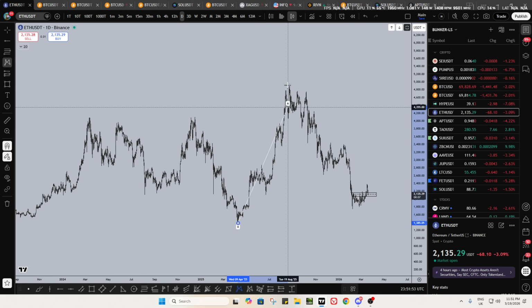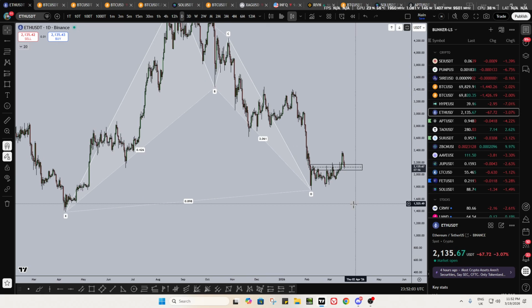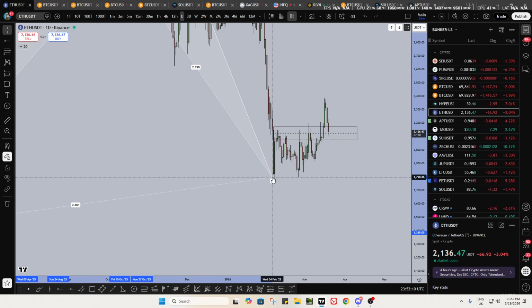So we go here, we go to that high, we go to this low, to that lower high there. That is an 0.886, 3.0 0.886. Here, look, here is your 3.0. Let me just get a nice little PRZ going here for you guys. One sec.